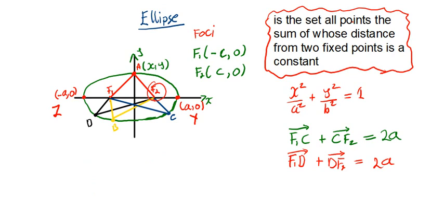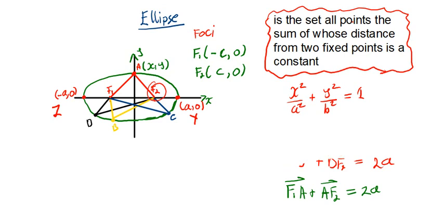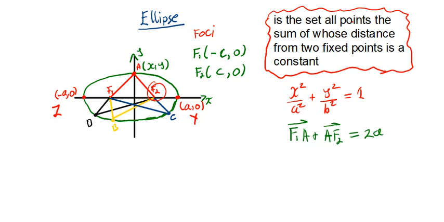So now let's see this. We are saying f1 to a, plus a to f2. This is supposed to give me 2a. I'll not use any of the ones I drew at first, but even if I used those, you're still going to end up with the same thing.